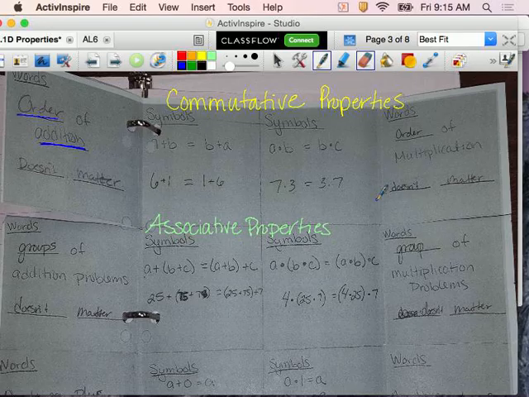And then we've got the associative properties, which is very similar to the commutative property, except we're changing the grouping of things. So remember, associative property is all about groups. So you're looking for your grouping symbols and changing the order there.